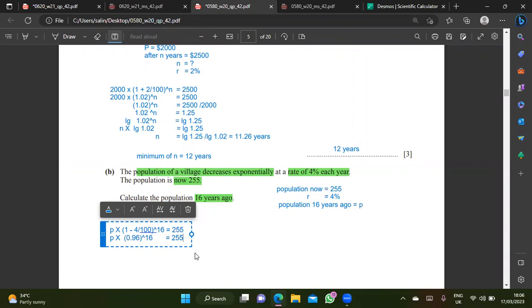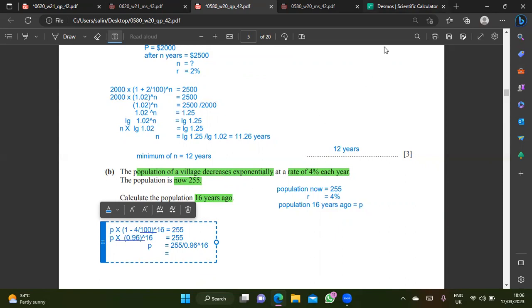Afterward, I can use my scientific calculator to find the value of P. Just use the algebra: P equals 255 divided by 0.96 to the power of 16. You don't need the bracket anyway. This one we can key in directly on the calculator to find the value of P.